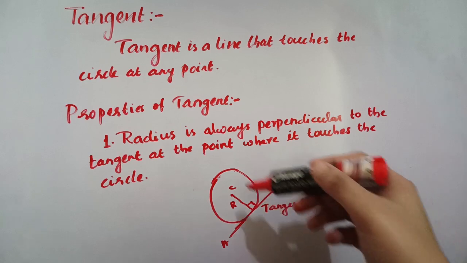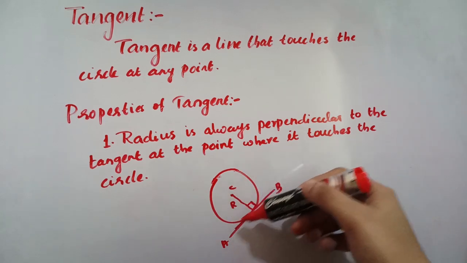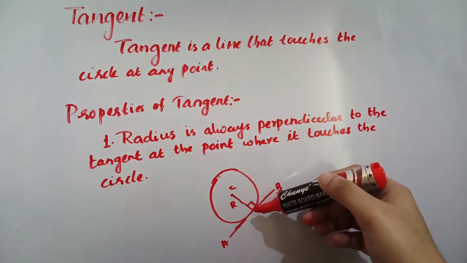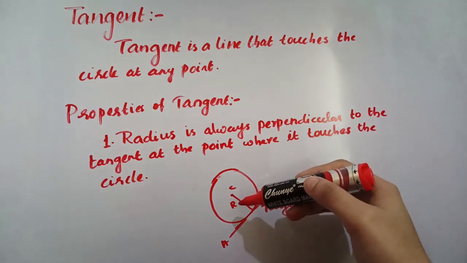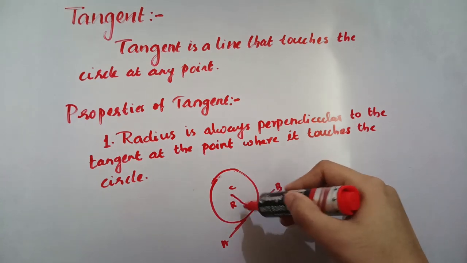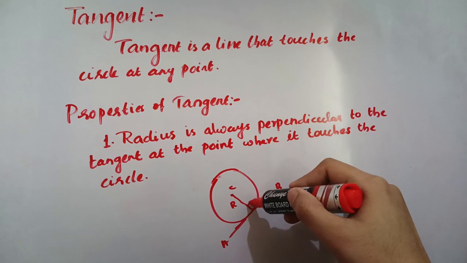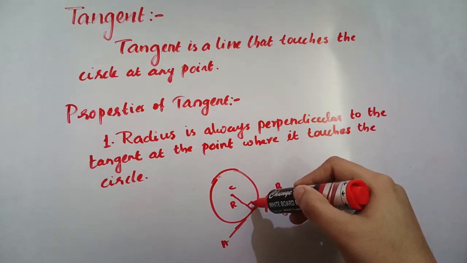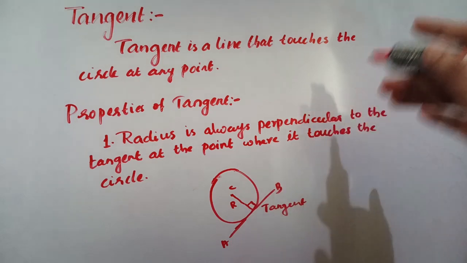Property says that if we draw one tangent, the radius is always perpendicular to that tangent. If we draw the radius, then tangent and radius will make angle 90 degree. Perpendicular means angle 90 degree. This is a property of tangent.